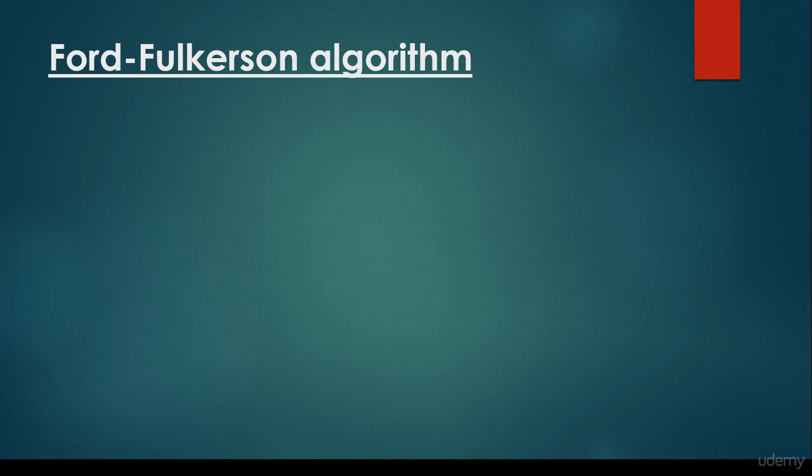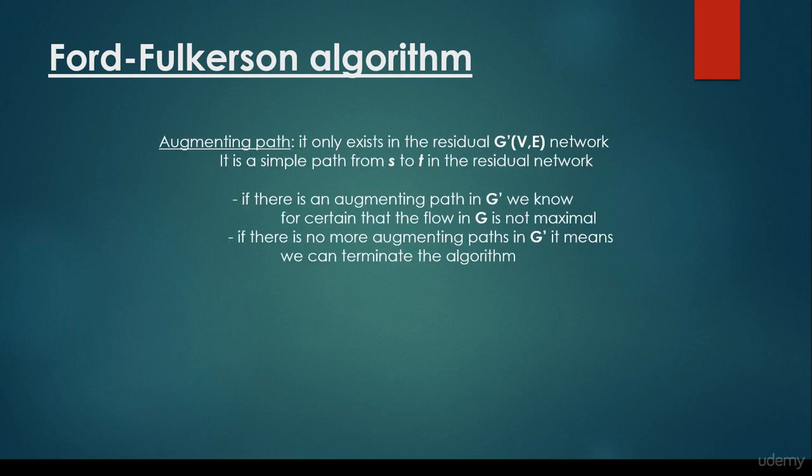Okay, in the previous video we have seen how to construct the residual network with the help of the original flow network, and it's going to be crucial in the Ford Fulkerson algorithm. So let's see what this algorithm is, and first of all, what is an augmenting path. It only exists in the residual network, so in the G prime network.